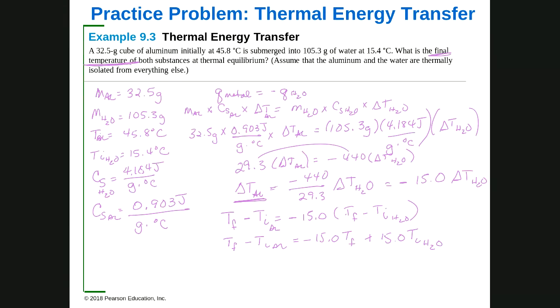Those of you who are real math savvy can probably see where I'm going with this.